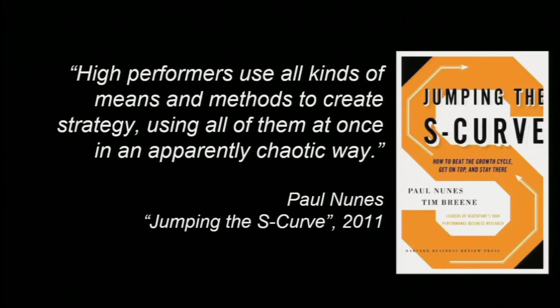And one of the things that Paul Nunes says is they use all kinds of means and methods and use them all at once in a somewhat chaotic way. So what happens is there's this sort of ant colony behavior inside organizations that do a good job at jumping the curve.